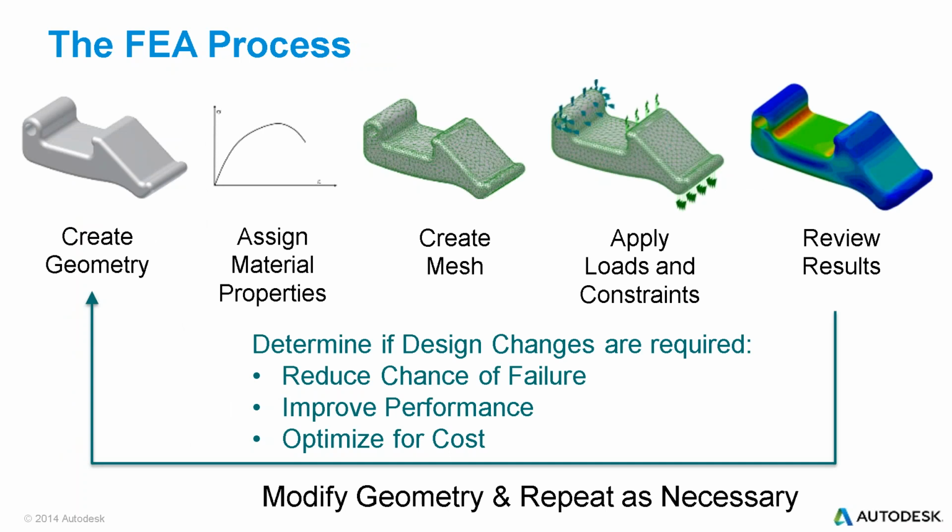If you break all of these down, you've got a basic workflow that an FEA process goes through. First, you start out, you've got your geometry. The next thing you're going to do is assign your material. Now, this is where the FEA packages come into play, because you can assign a material in Inventor, and that gives you quite a bit of information.